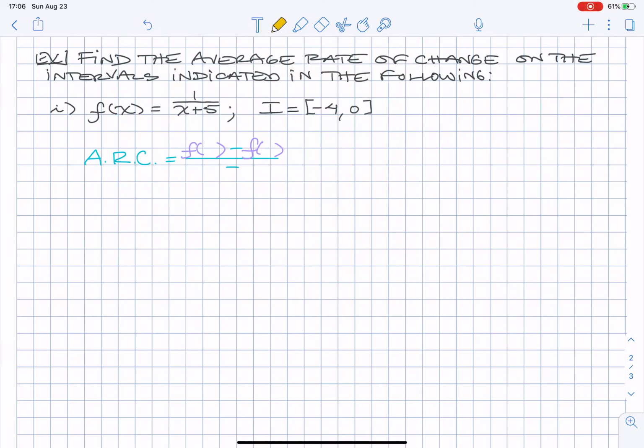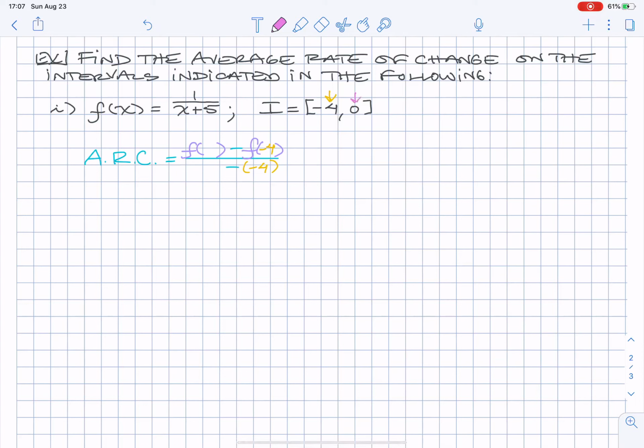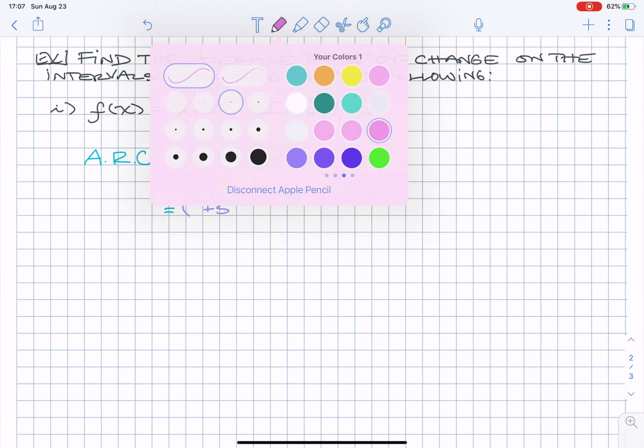So if this is a, that'll be -4 for a. And this is b, that'll be 0 for b. So it's always second guy minus first guy. Okay, so what do we have then? I guess I'll need a bit more room. 1 divided by 0 plus 5.